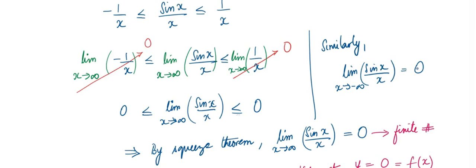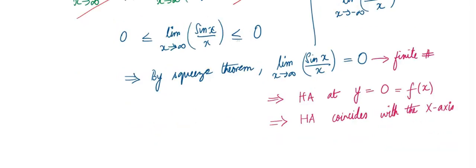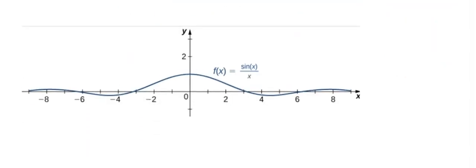So we will have our graph actually hovering around or trailing very close to the x-axis. So let's see if that's what is justified in the graph. So the graph then would look like this. And this is again another classic case where the horizontal asymptote actually coincides with the x-axis.